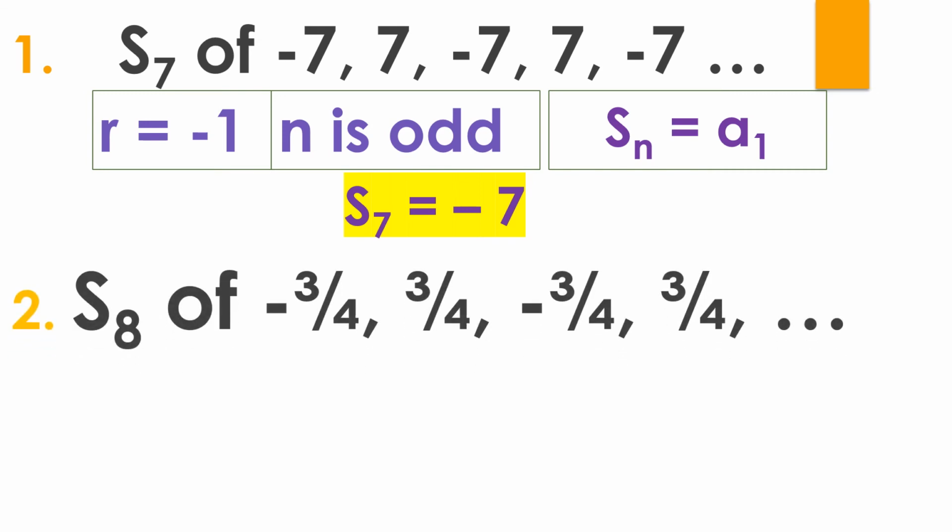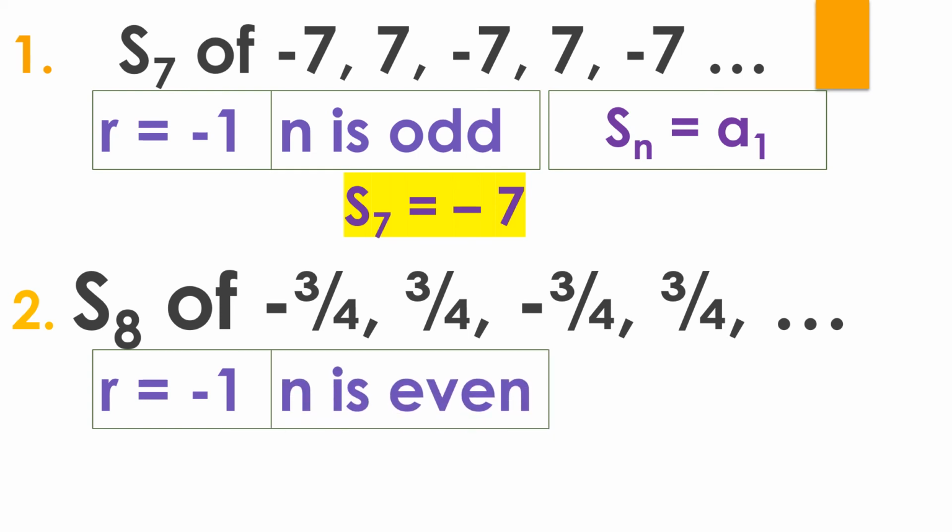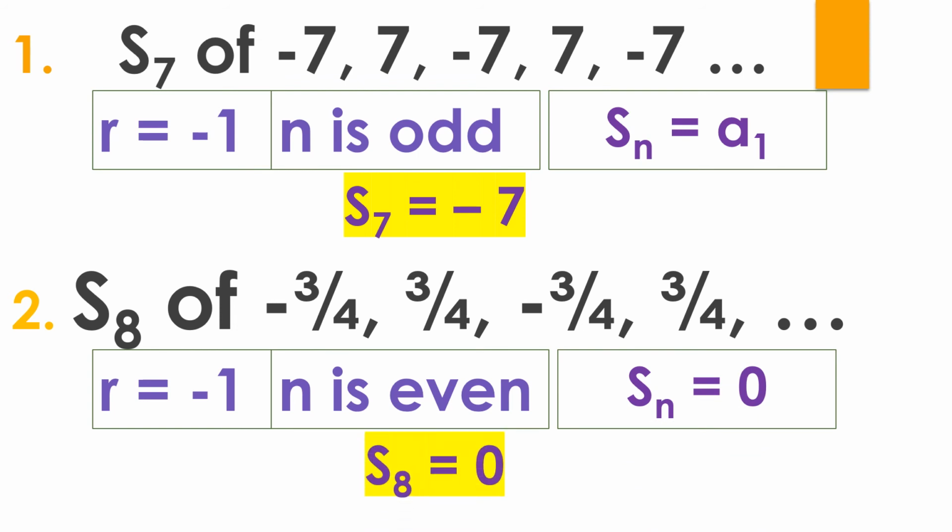Next is S sub 8 of -3/4, 3/4, -3/4, 3/4, and so on. Here, r is -1 and n is an even number. So the sum of the first n terms is equal to 0. S sub 8 therefore is equal to 0.